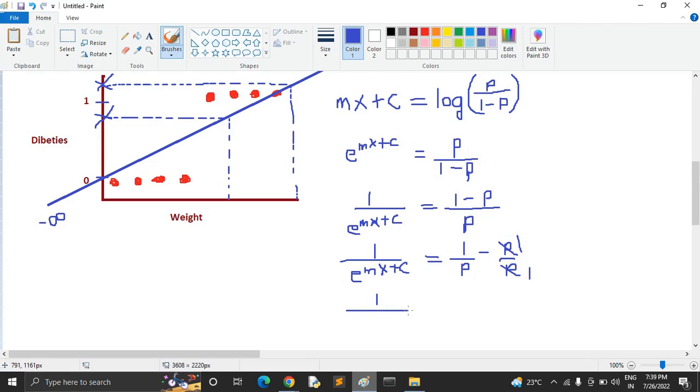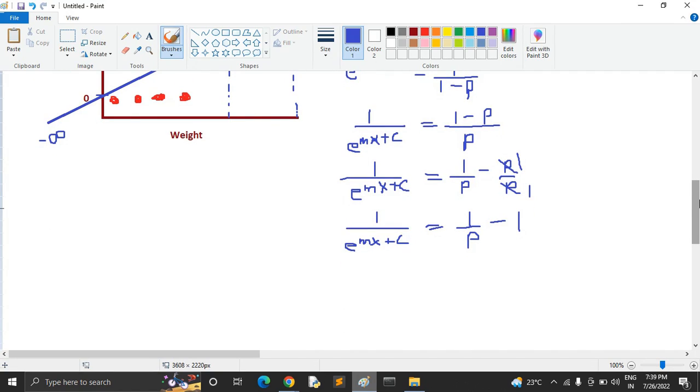So it will become 1 upon e to the power mx plus c, right? Equals to 1 upon p minus 1. Okay, so next I will take this minus 1 to the left hand side.